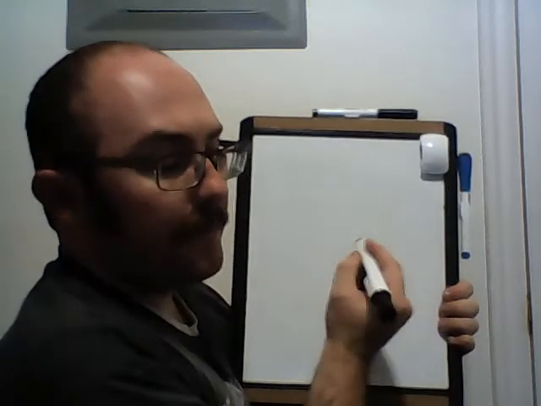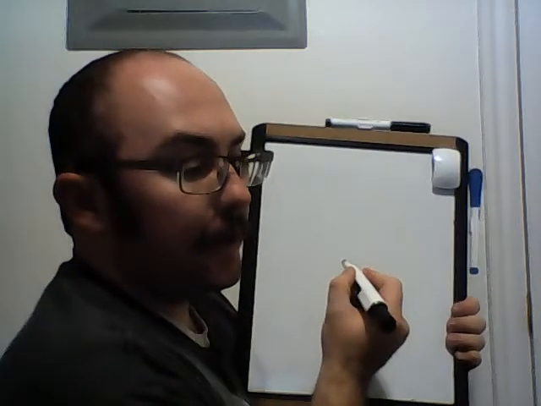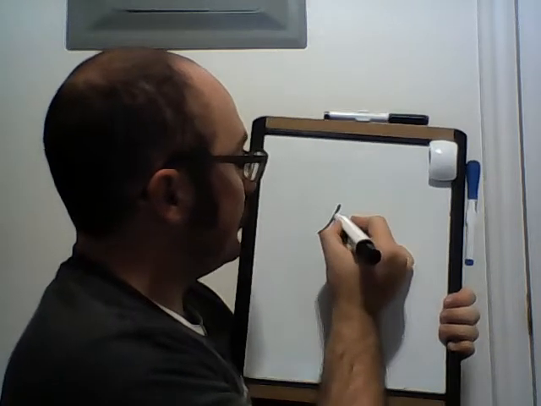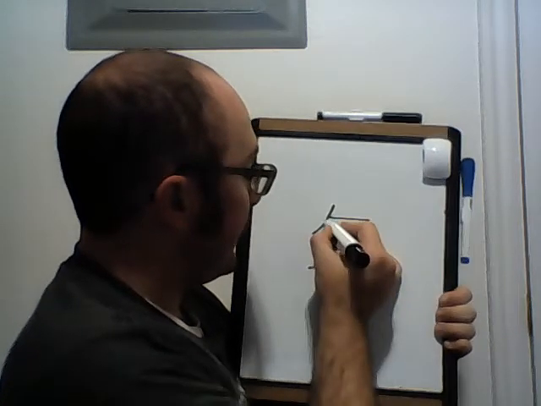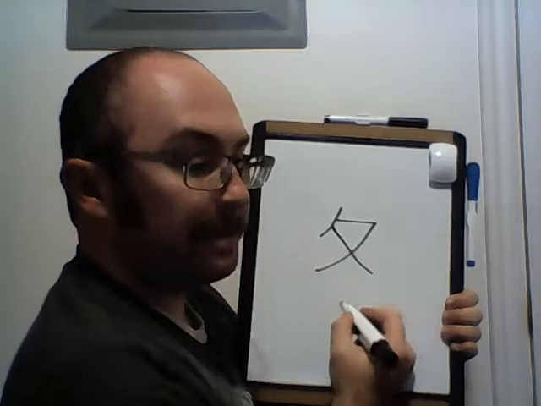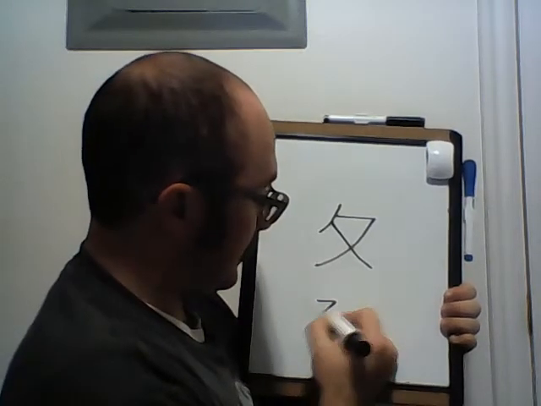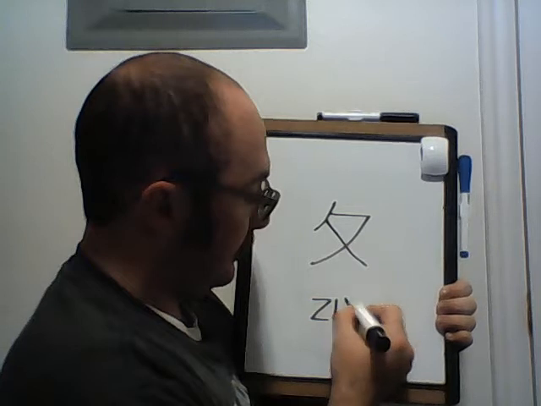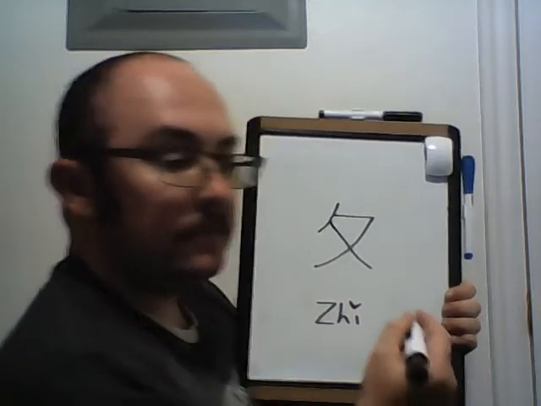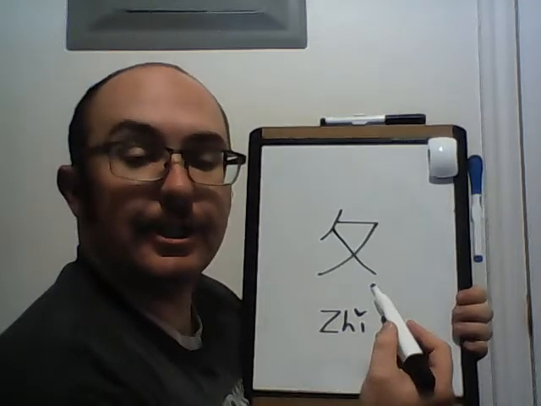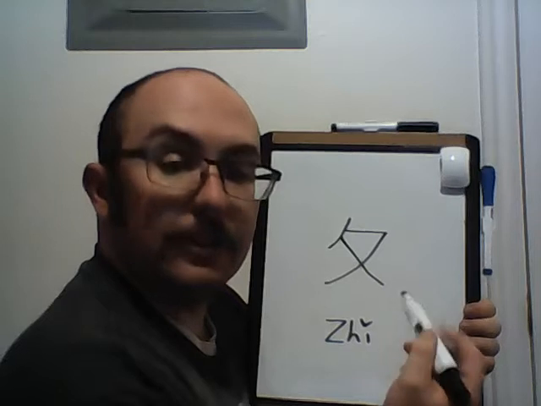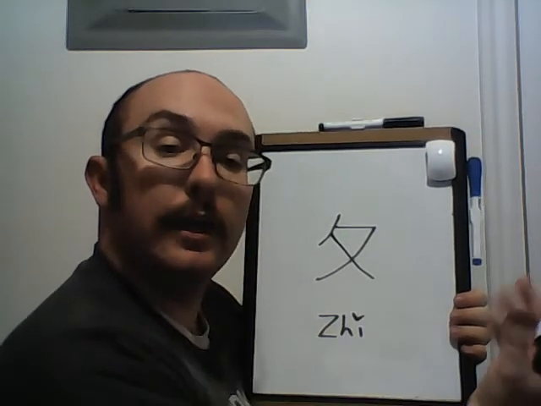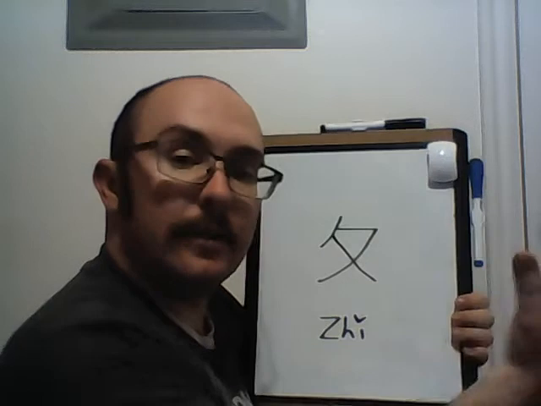Okay, so that was 33. 34 is like this. And this is zhi. Zhi means, as a radical, to go. It carries the connotation of going somewhere.